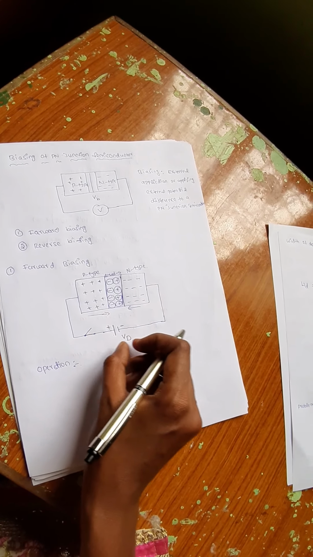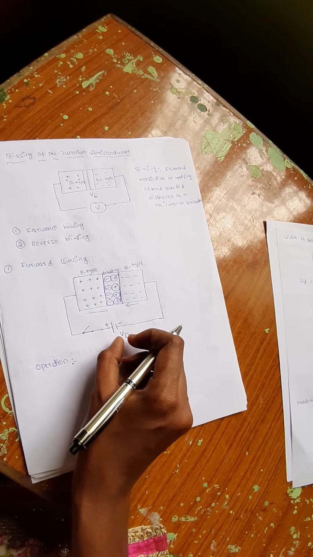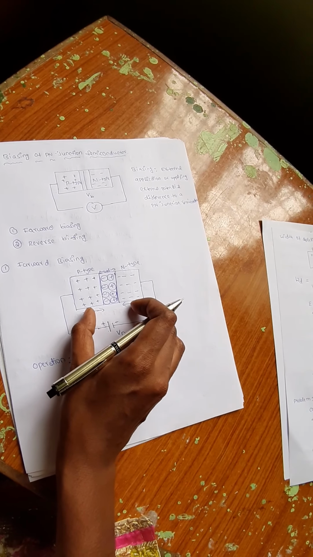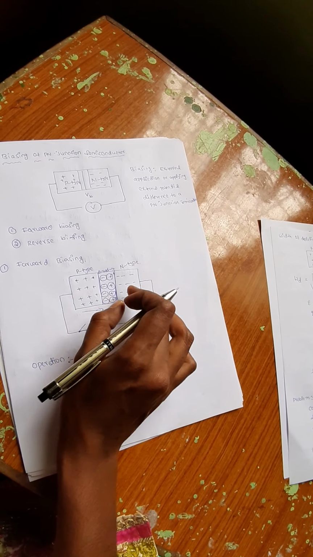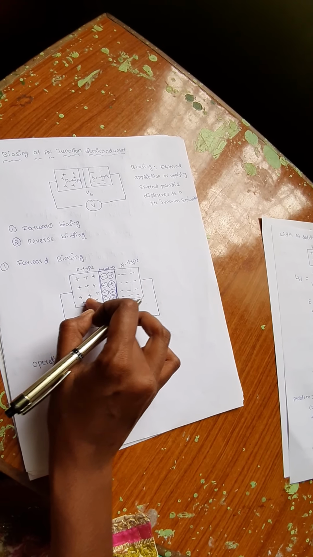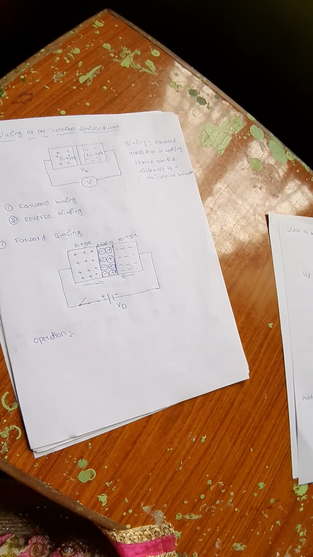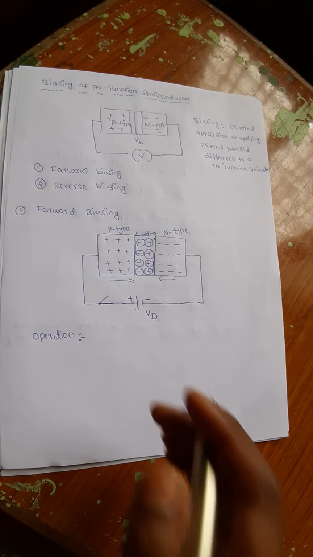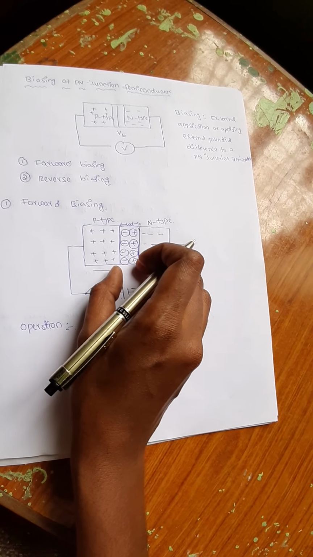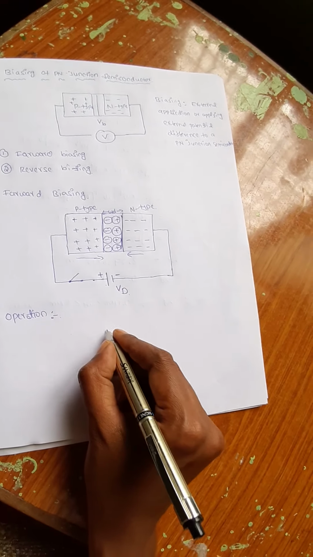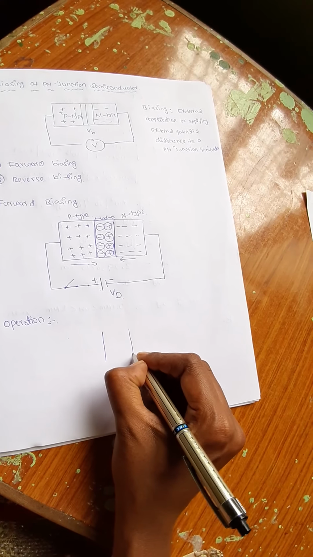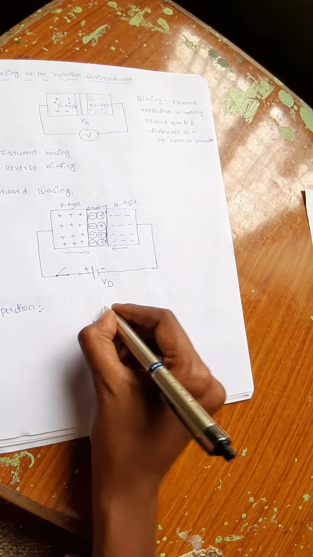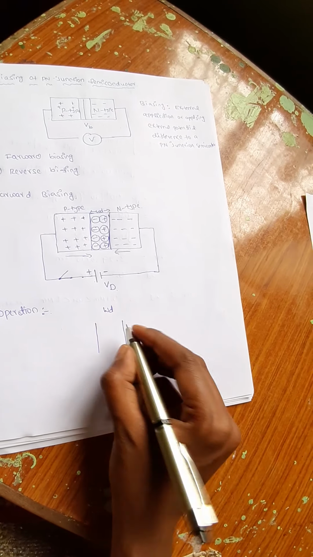Now whenever an external voltage is applied, there is a shrinkage of the depletion region due to the pressure on the electrons as well as the holes. So previously the depletion region was like this, with WD under the no bias condition.